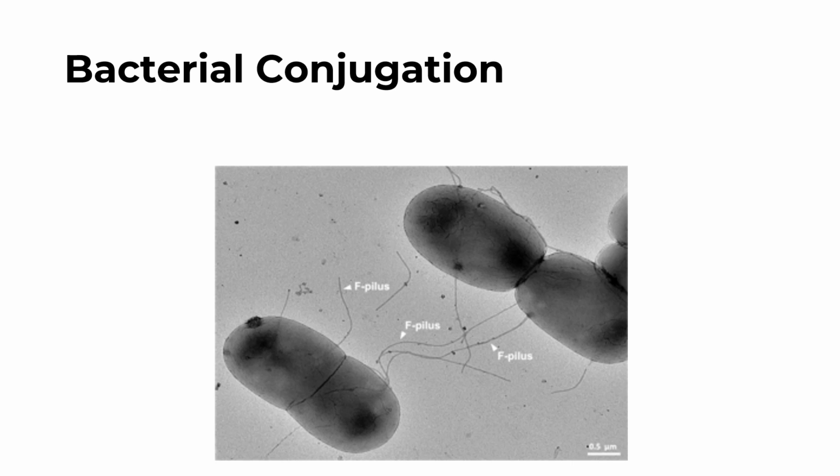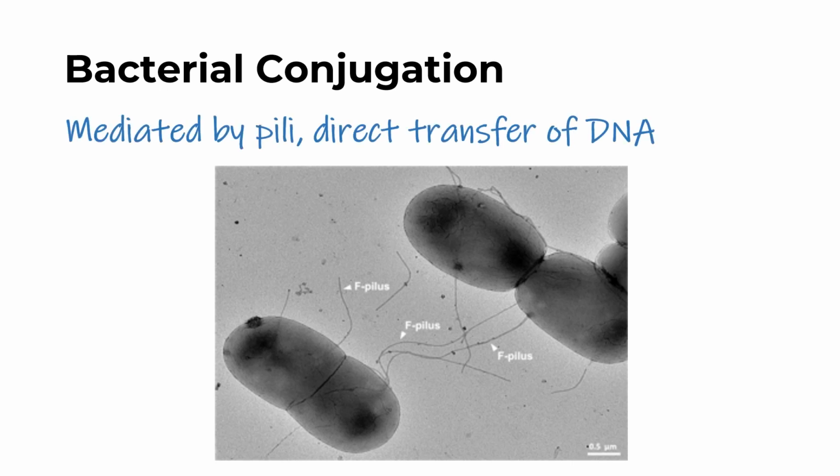Another way in which DNA can be exchanged between bacterial cells is through conjugation. In this process, a pilus is used to bring two cells close to one another, and DNA is exchanged directly across a bridge in the membranes. Like transformation, the new DNA can be incorporated into the genome of the cell through recombination.